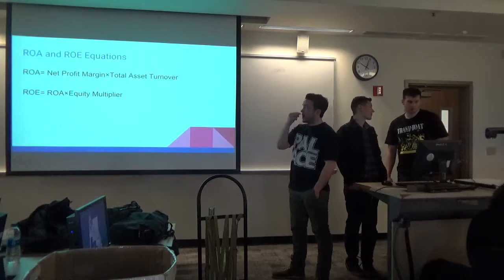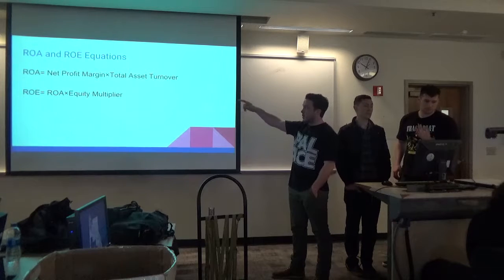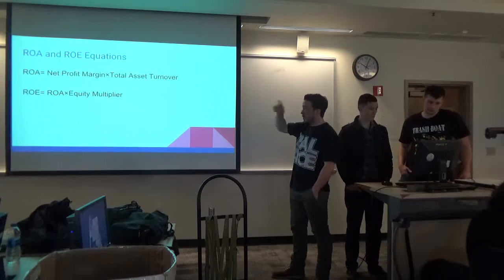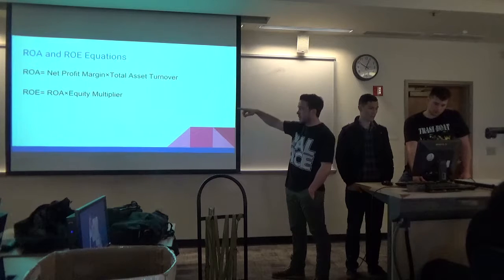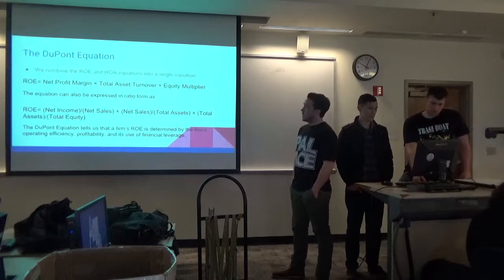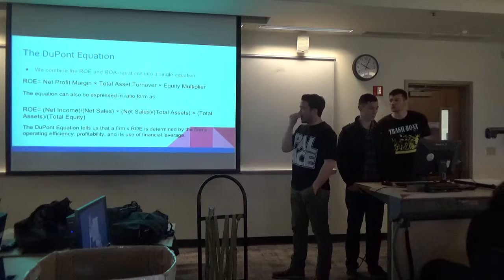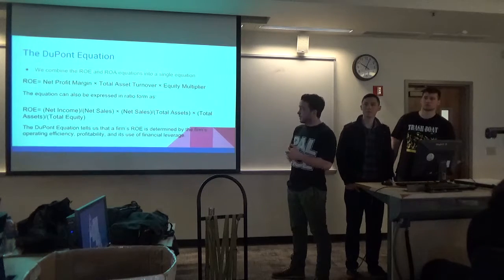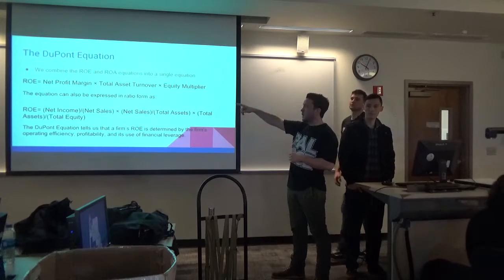So the ROA and ROE equations are right here. ROA is net profit margin times total asset turnover, and ROE is ROA times the equity multiplier. Once you have those 2 equations, you combine them into a single equation, which is called the DuPont equation.